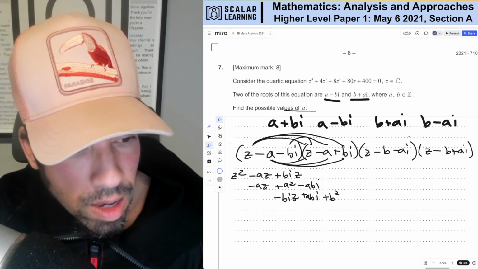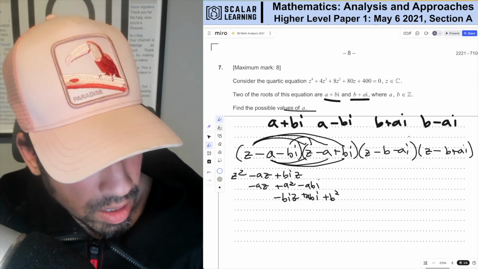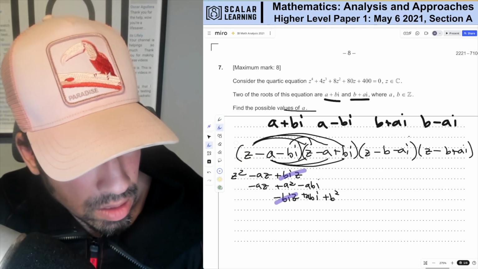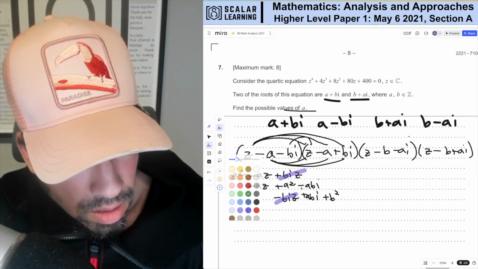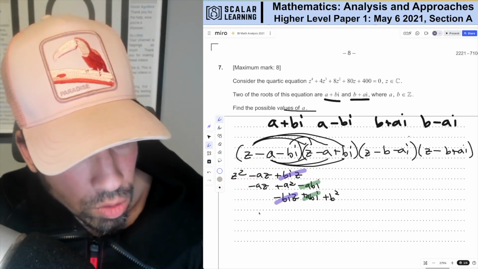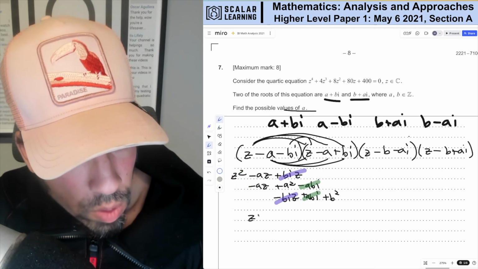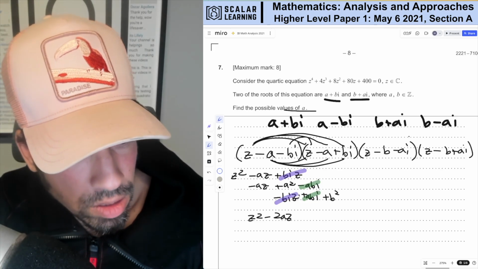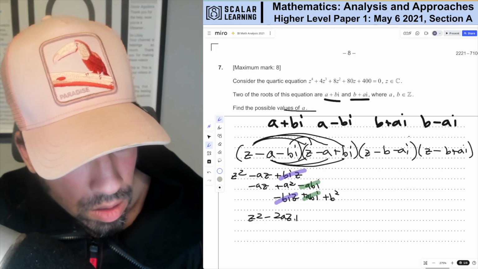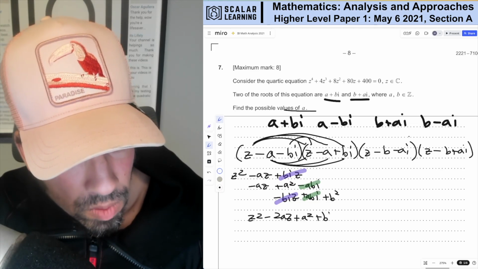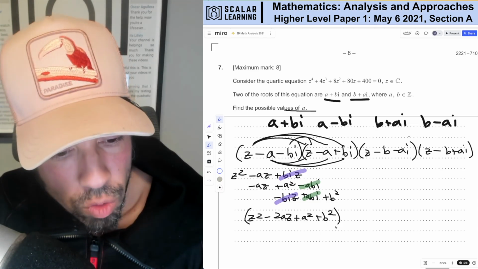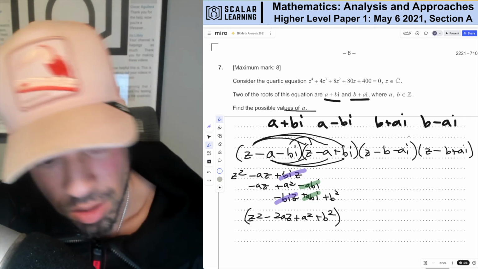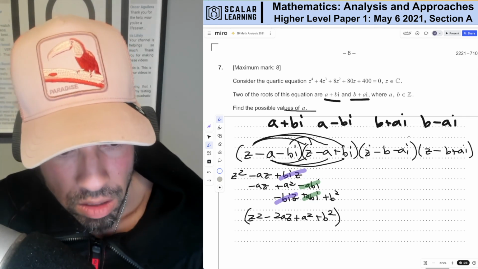What you can see is this is going to cancel out with this, and likewise, this is going to cancel out with this. So now as we add this together, we get z squared minus 2az plus a squared plus b squared. Normally it'd only be 3 terms, but because these are both constants and we can't add them together, it's going to be 4. But anyways, that's what we get there. Now let's do this one.